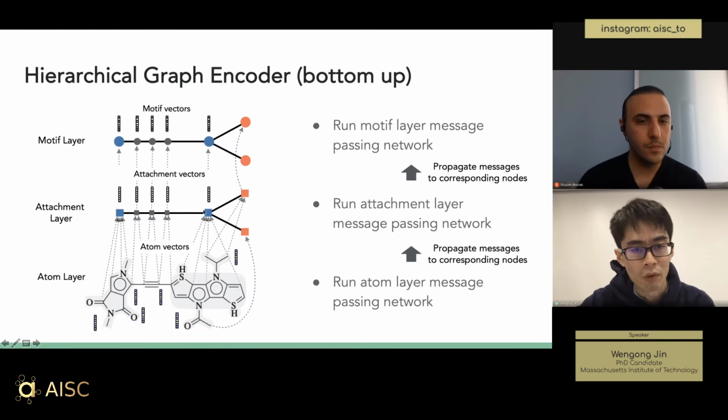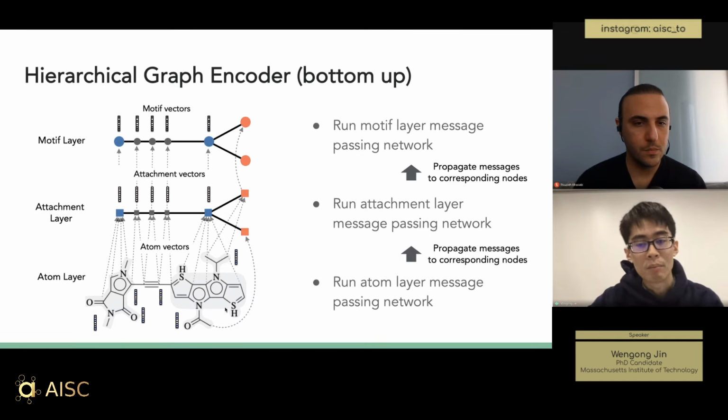So for example, let's consider this motif here, this blue box. It will not only receive the messages from the neighbors in this attachment layer, but also the messages from the atoms that belong to this motif. So this will be all the atoms in this gray box. We call this hierarchical message passing because the messages are passed along in a hierarchical manner.